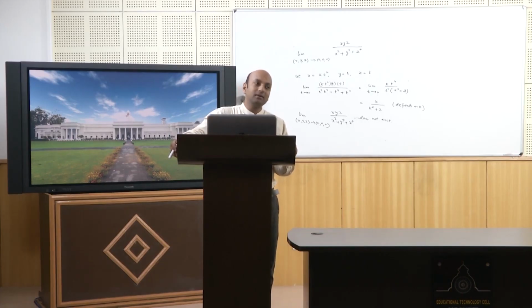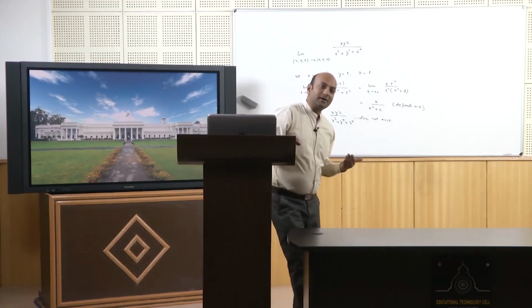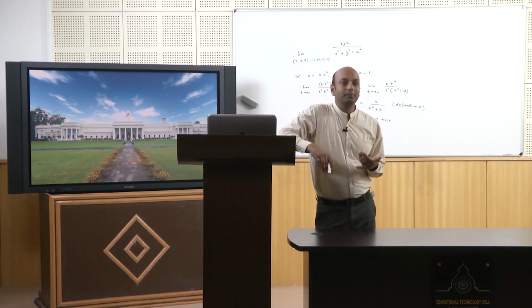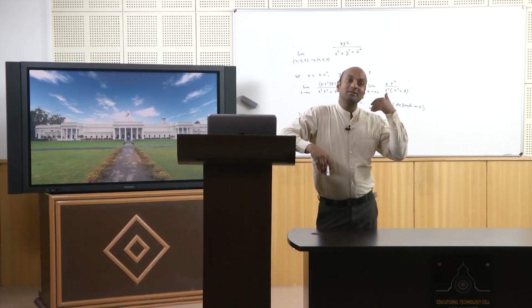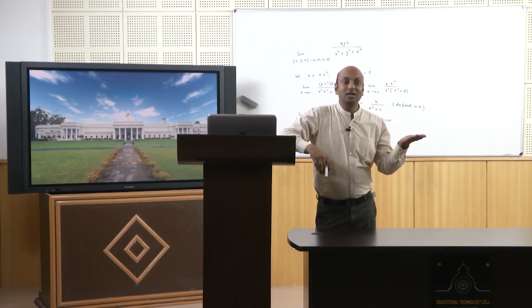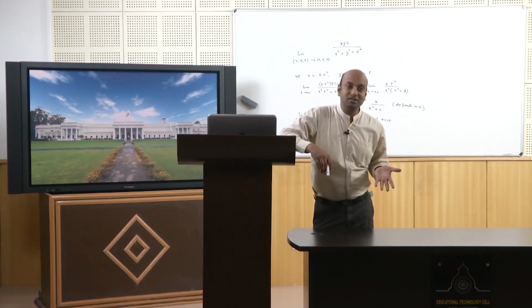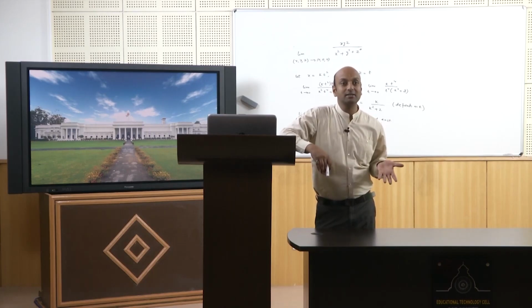So in this way we can show that the double limit does not exist. Now if you take, say, 4 or 5 paths and the value of the limit always comes out to be the same, then again this does not guarantee that the limit exists, because there may be some other path by which the value of the limit comes out to be different. If we have to show the existence of a limit, our only option is the delta epsilon definition.